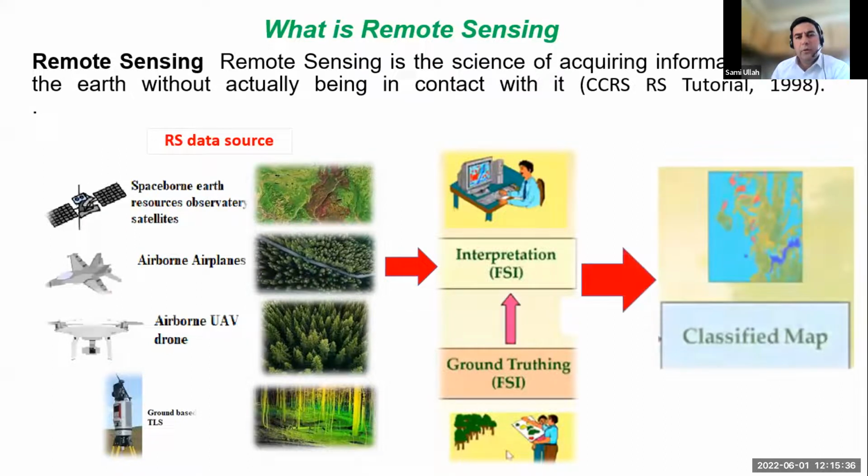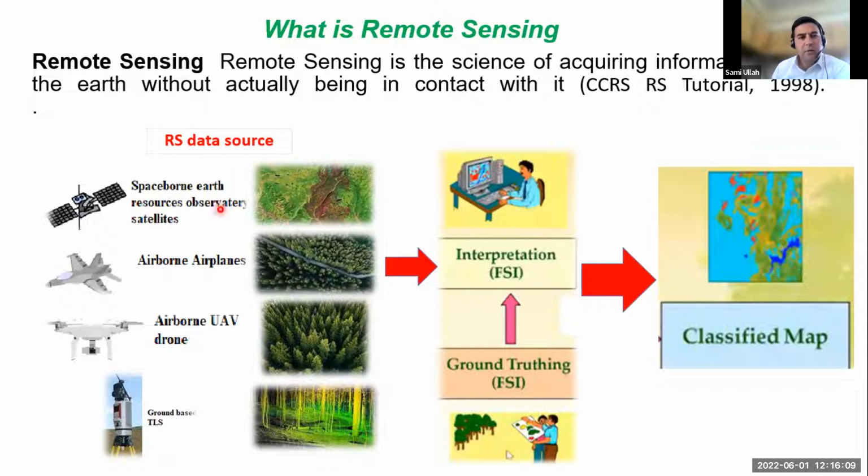Our final product will be a map, or different maps. For example, if you see this map, it contains water bodies, forest, agriculture land, barren land, and so on. We will have a classified map. This map can be forwarded to the end user, such as a policymaker or administrator, and it can be used for different practical applications on the ground.